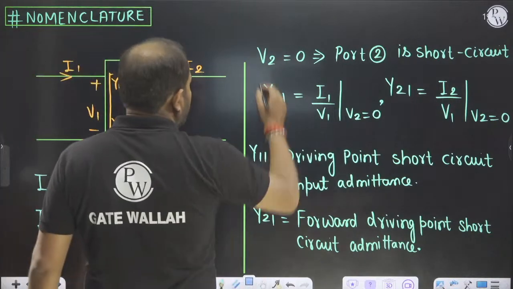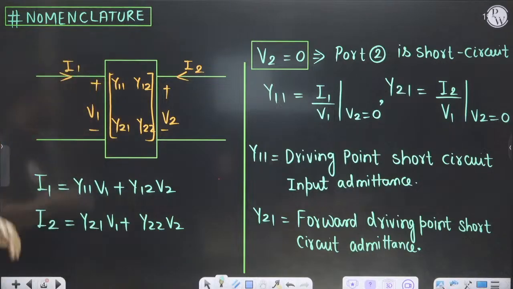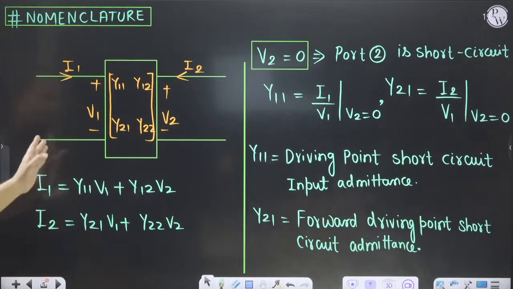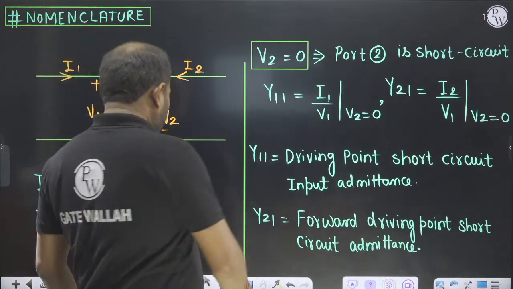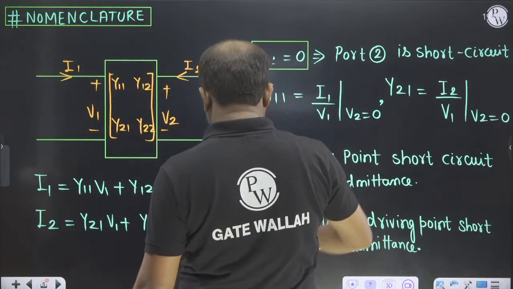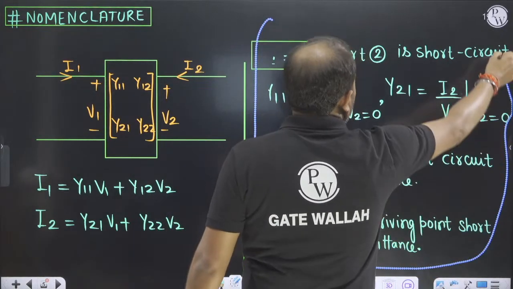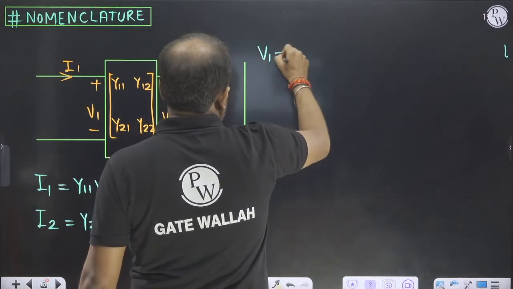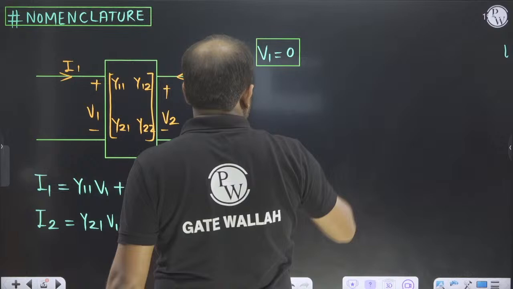Which point? V1 is equal to 0. What will happen if V1 is equal to 0? You don't have to draw more and more circuits, you just have to replace only this, because you have written it already. V1 is equal to 0 means port 1 is short circuit.